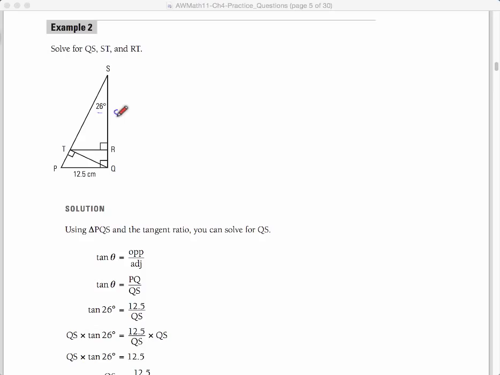So we'll mark this as SQ. Opposite and adjacent, that's tan. So tan of the angle S is equal to the opposite, 12.5, divided by the length of SQ.